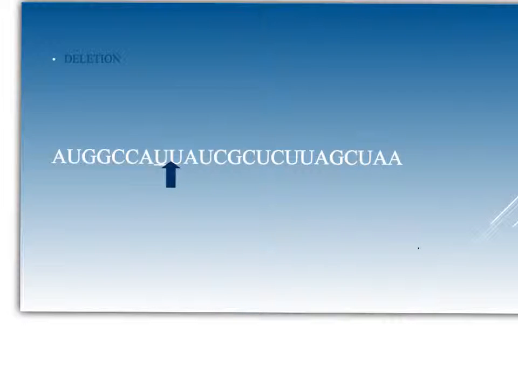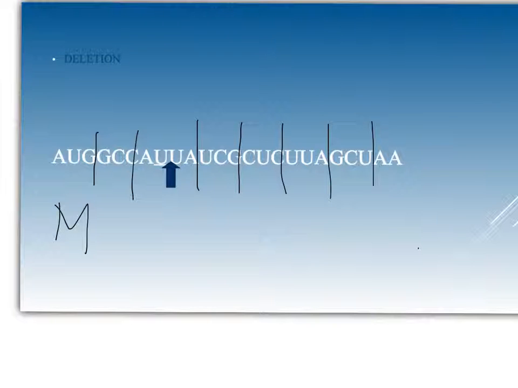Lastly, we have deletion. This U that's underlined is now deleted. You have methionine, the start codon, GCC for alanine. Now you have the U that's deleted, so you still have an AUA, which is isoleucine.